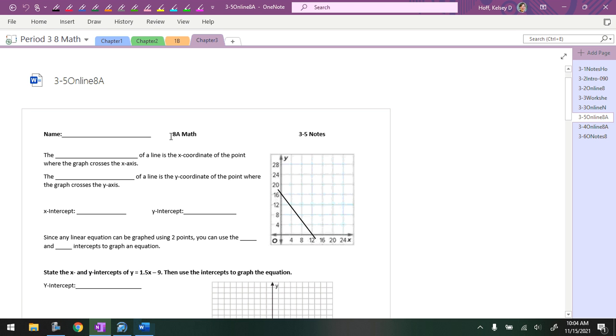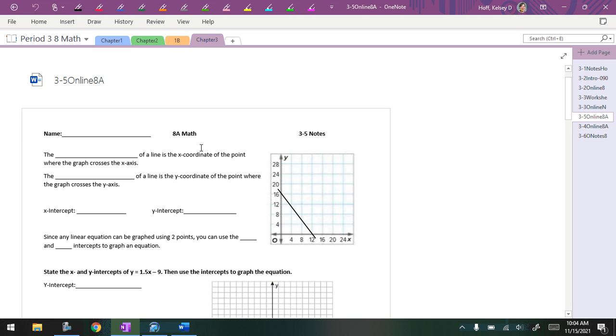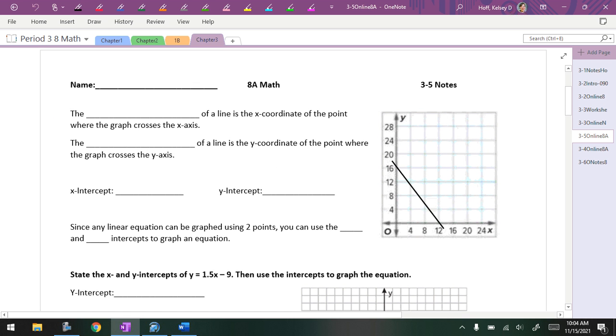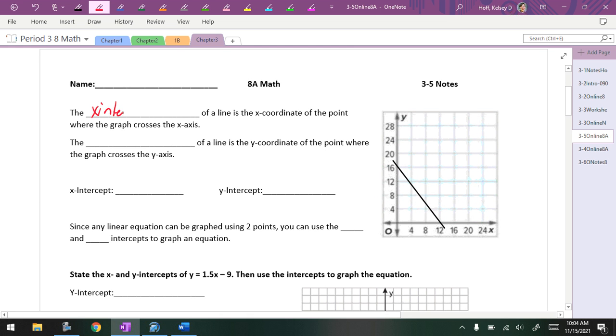All right, let's take some notes so you can get rocking and rolling. Today we are going to graph linear equations, so lines, using the intercepts. The x-intercept is the x-coordinate of the point where it crosses the x-axis.